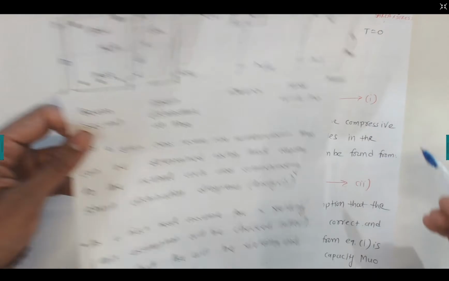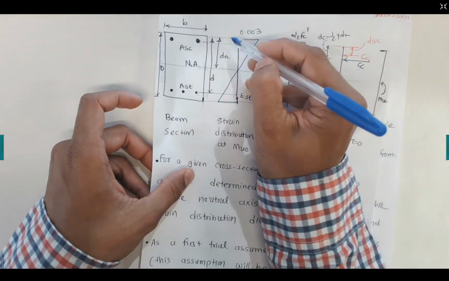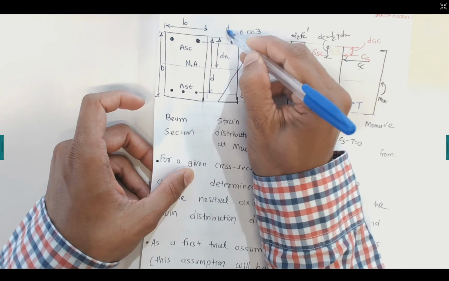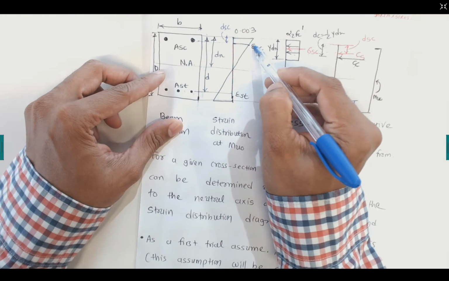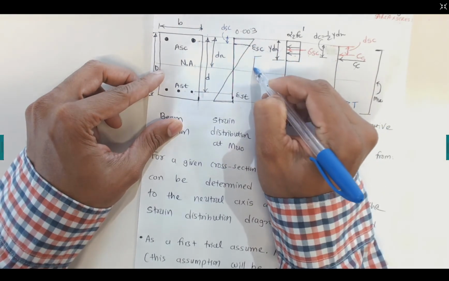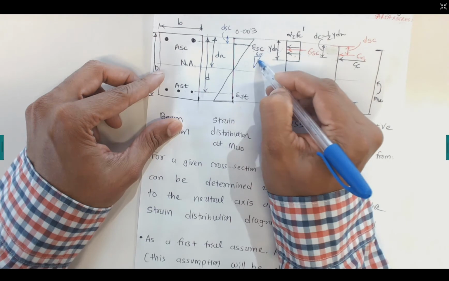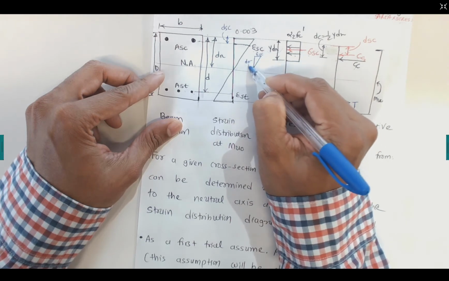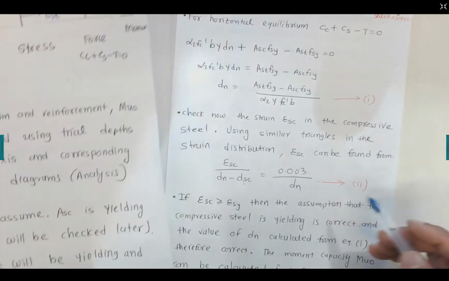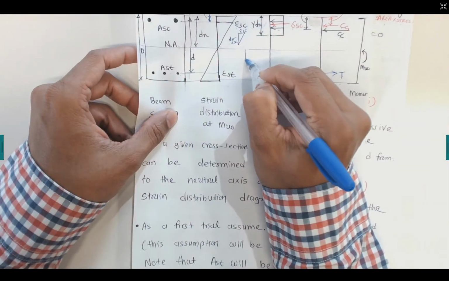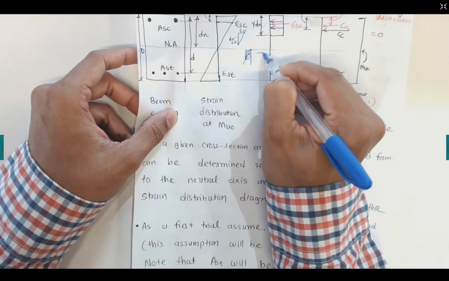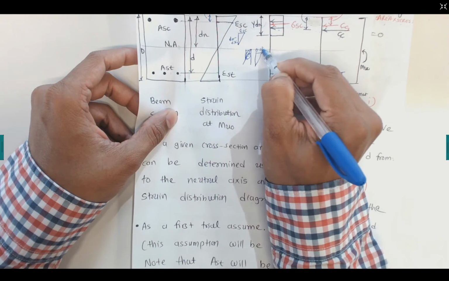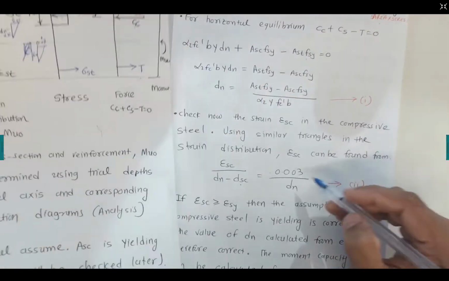So if you come back here, epsilon sc divided by dn minus dsc is the small triangle, and similarly we have another, big triangle, which would be 0.003 over dn.